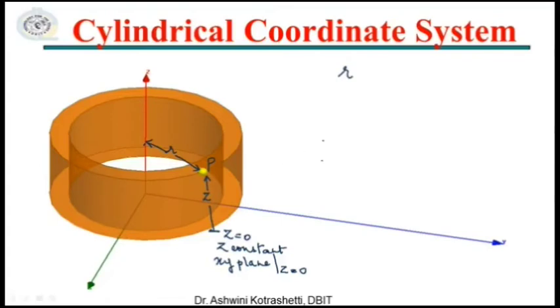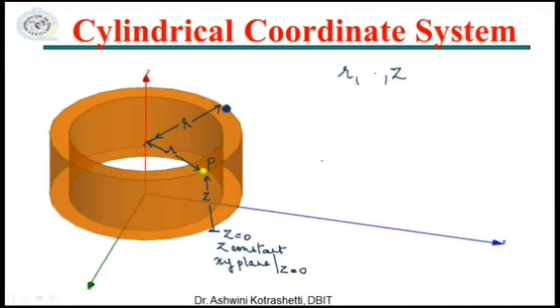Now let us just add our height also. Is this information enough for us to define a point? Let's see why it is not enough. Now this point P is here. If I say the point is at some radius and at some height on the cylinder, you may identify this point to be somewhere here. The same point, if it is placed here, will be at the same radius away from the z-axis and at the same height.